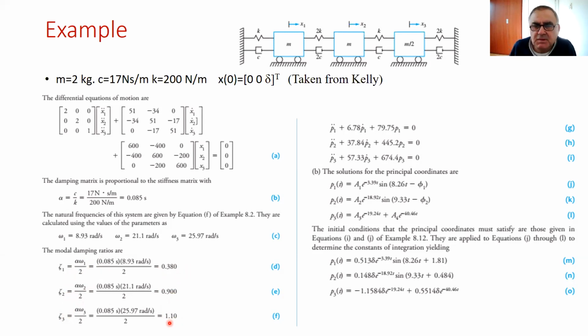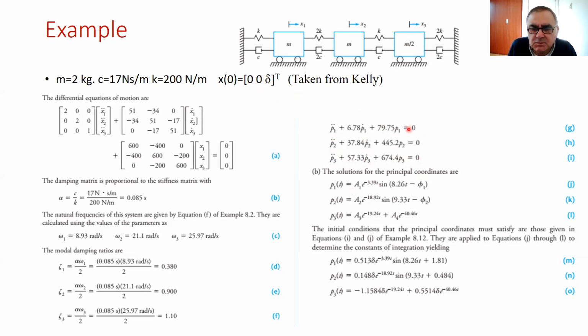And the modal equations, well, I have been using Q's, but this book uses P's, so P are the modal coordinates, okay? In the modal coordinates, the equations are uncoupled, and there you have three of them. And by the way, the initial condition was that it was 0, 0, and you were to pull the third mass an amount of delta, and that's what we want to find.